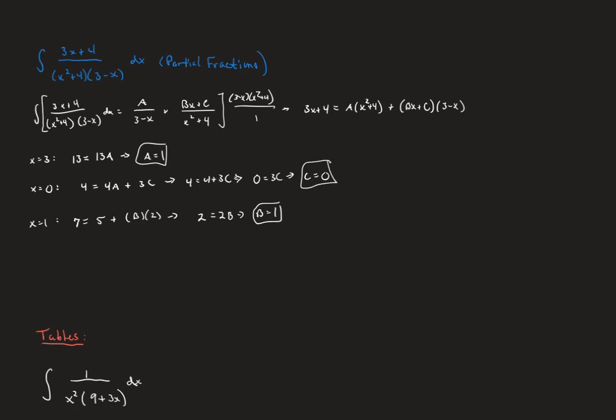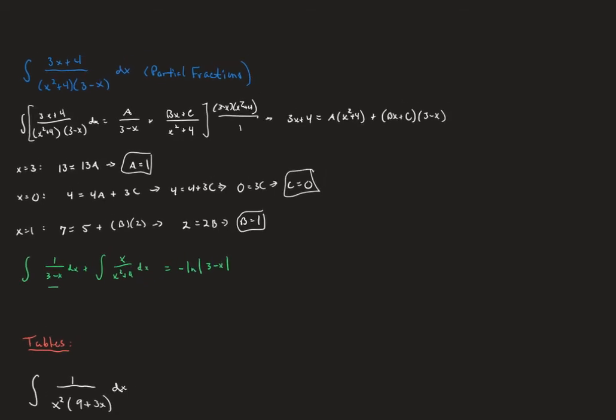So our integral now is going to look like the 1 over 3 minus x. And then, since the B was 1, we'll get just the integral of x over x squared plus 4 dx. So doing a little u substitution in our head, if u is 3 minus x, we're going to get an extra negative sign. So that means we're going to get a negative natural log of 3 minus x in absolute values.